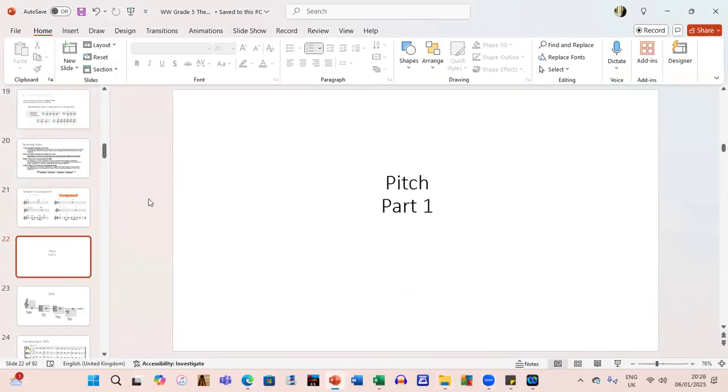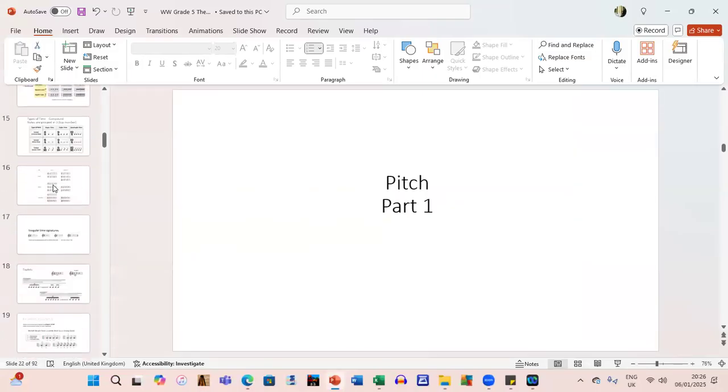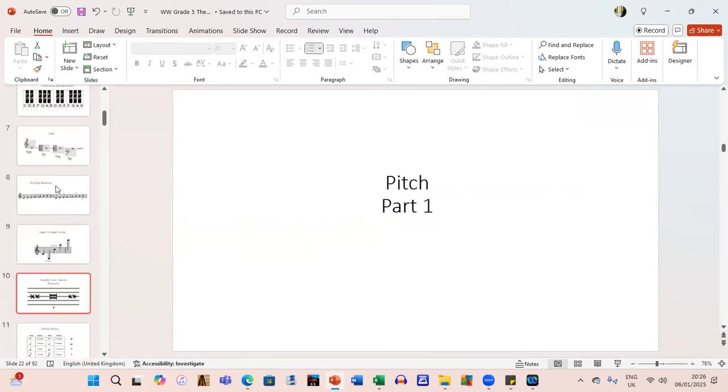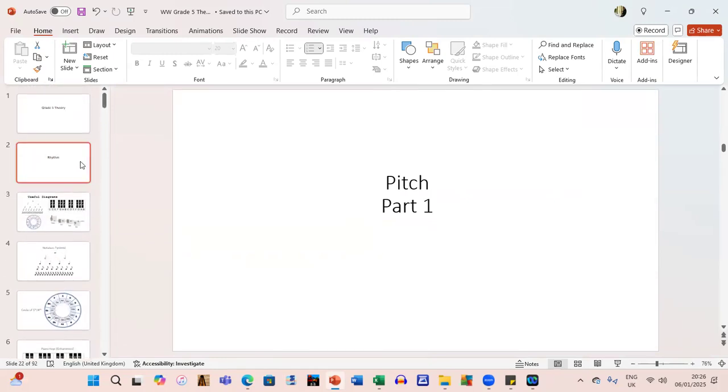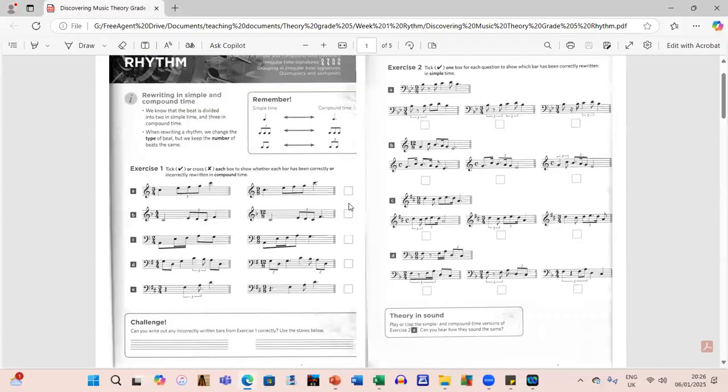Before I come out of there, is there anything in rhythm that we're not clear on? Should we see if we can apply it first, and then maybe come back? So this should be the questions that you've got for rhythm part one.